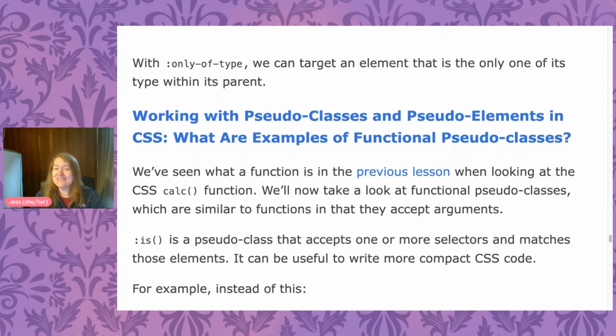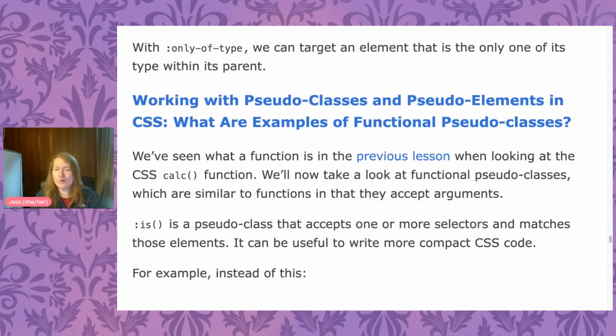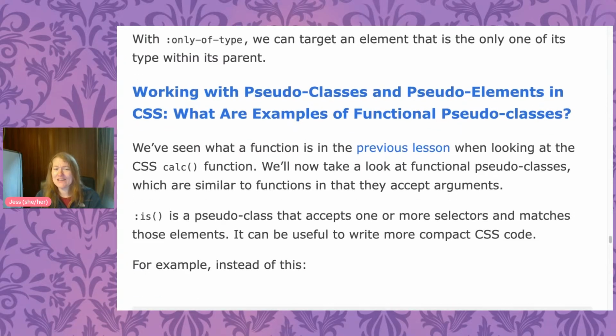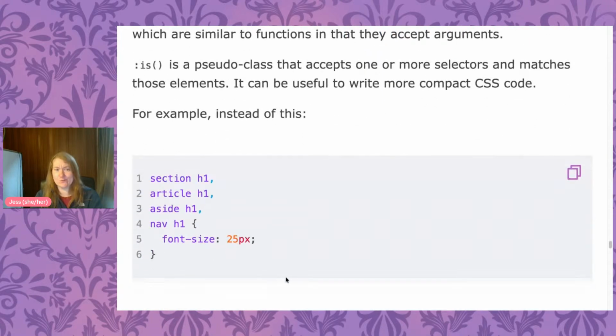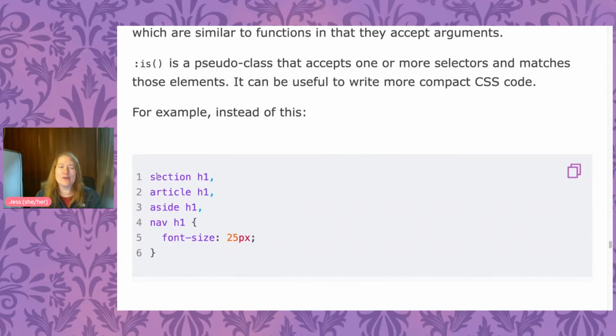So :is is a pseudo-class that accepts one or more selectors and matches those elements. Gosh, look at this. What is this? So I could say, here's a rule I want to set for my section h1, so h1s within a section, h1s within an article, h1s within an aside, and h1s within a nav.